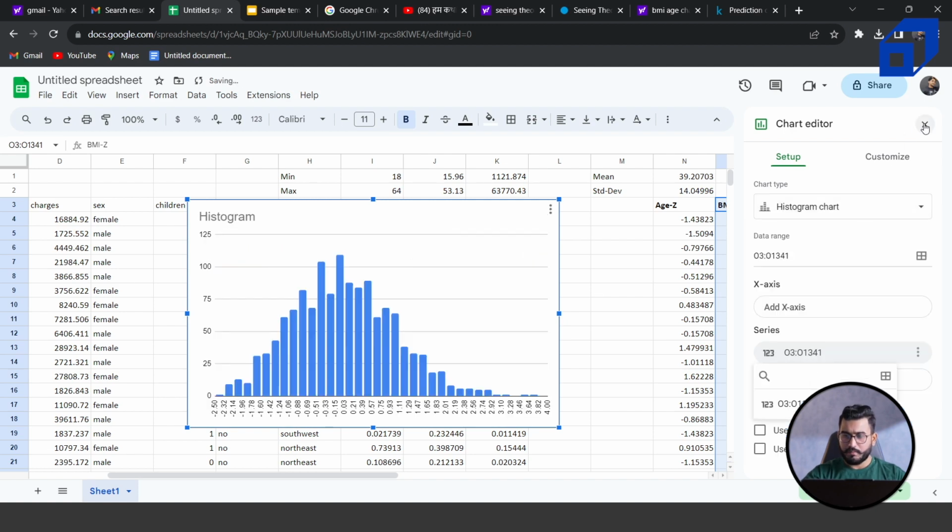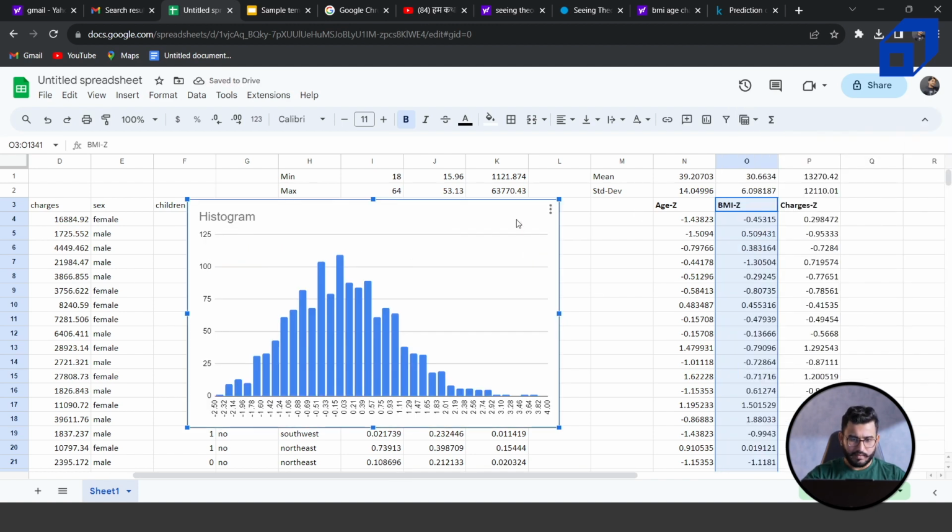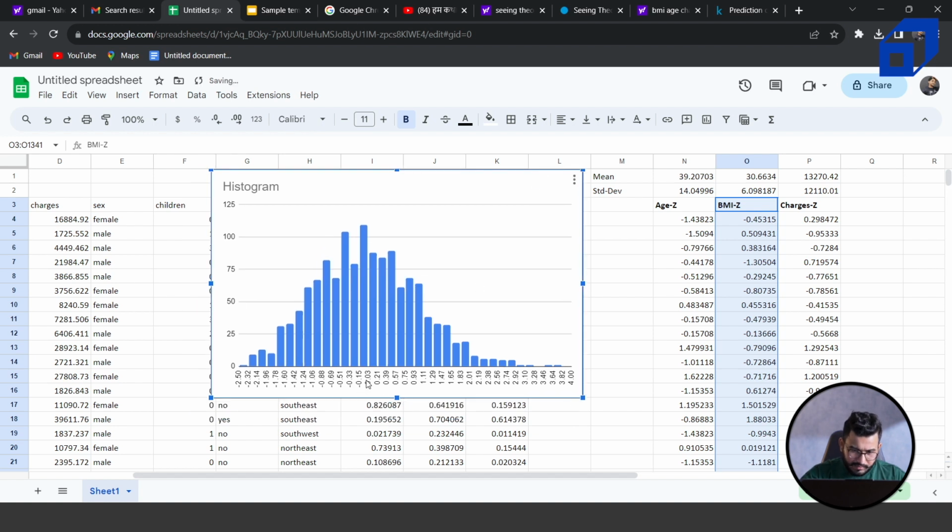Now if you closely observe this histogram, you can see that this point is the center. 0.03 is the center, and below this value I am having negative points. Above this value I am having positive points. Now you can see that the data is spread around minus 2 standard deviation, which basically means it is distributed 2 standard deviation below the mean and 4 standard deviations above the mean.